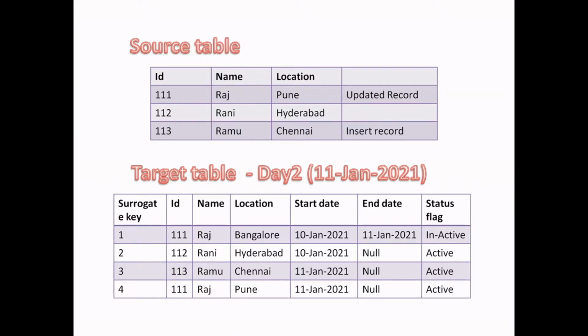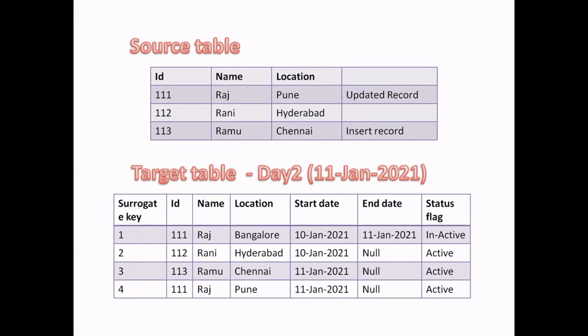If the client's requirement is, I want all the records, irrespective of whether they are active or inactive, to be present in my table so that I can see later that previously he was there, or his ID was this, or his name has changed, or his location has changed, or his department has changed, based on their requirement. Hence, this will be used where a history is required by the client.